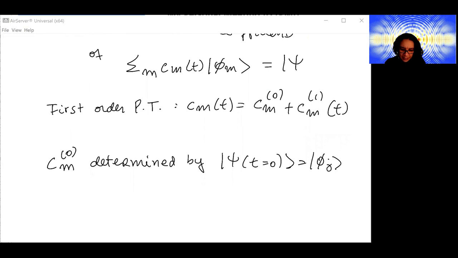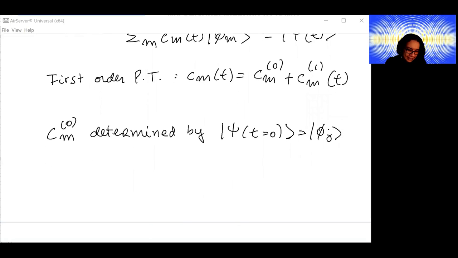This means then that C_m^(0), remember the derivative of C_m^(0) is 0, so it is something constant, is delta_mj, where this is the Kronecker delta.